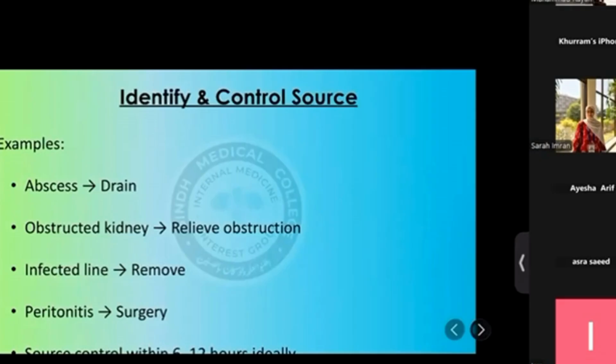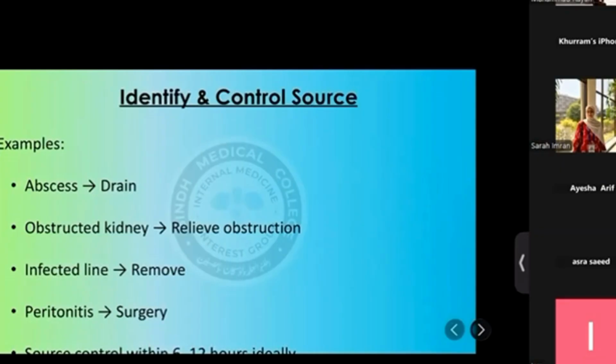Obstructive kidney disease: if there is no urine output because of a stone and the accumulated urine is now becoming septic for the body, we need to remove that obstruction in order to treat the sepsis. If you don't take out the source from the body, we cannot cure sepsis or septic shock.